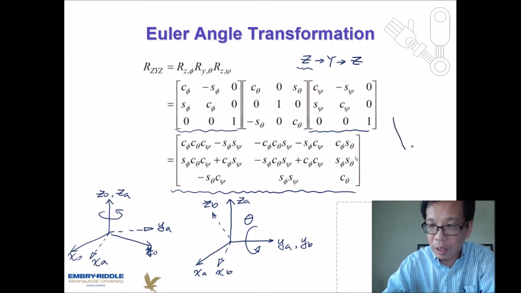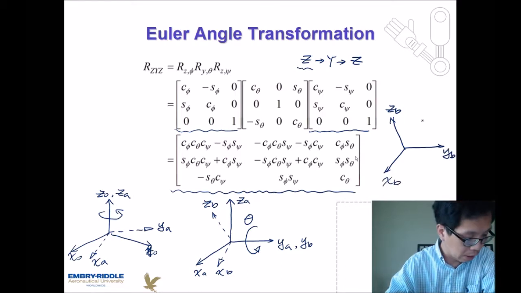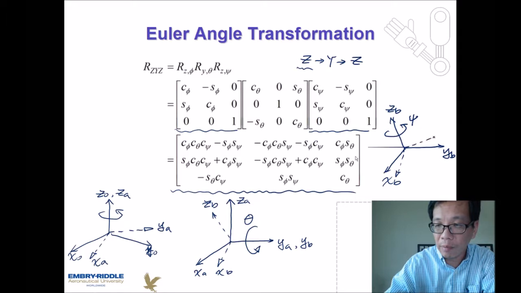So what we are going to have is something like this, before transformation. This is my ZB, YB, and XB. We are going to rotate about the Z-axis with another angle. So eventually, Y1 and Z1, X1, and this is going to be Z1.